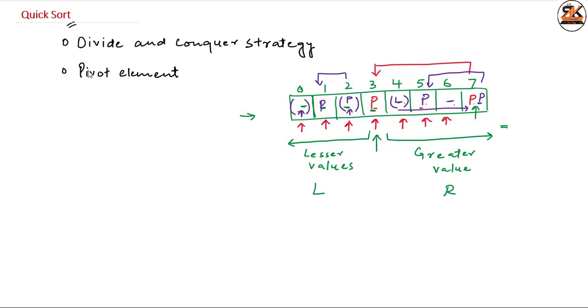Then again this recursive algorithm is called, and what we see again is the pivot element, for example this time denoted by p, at position 7. This can either be placed at its original position, that is here at index 7, or it can be moved to position 6 depending on some conditions. Fine.